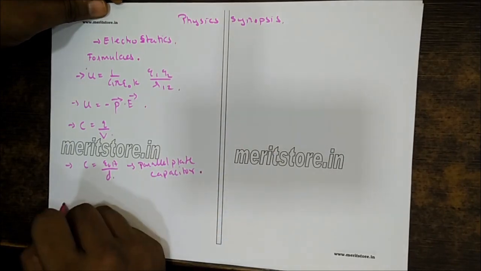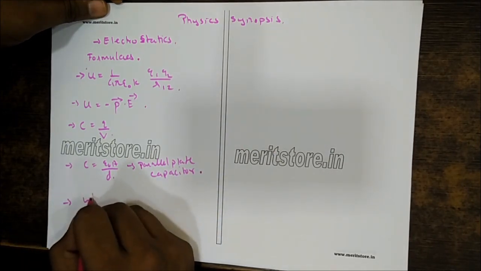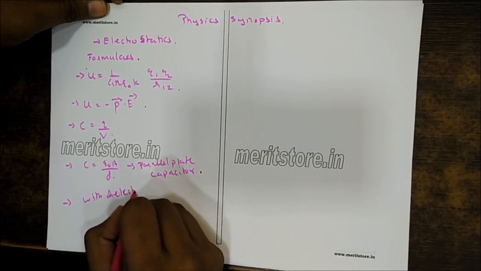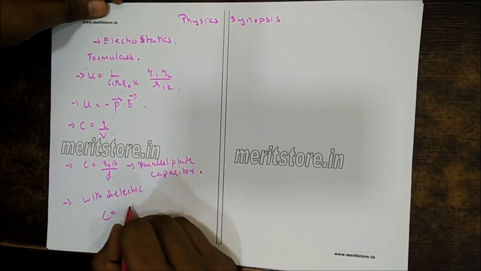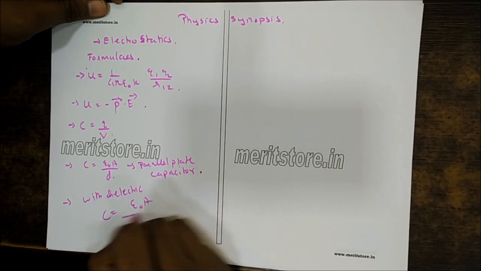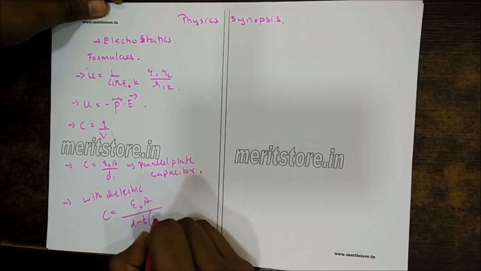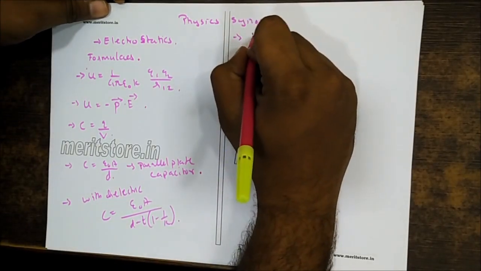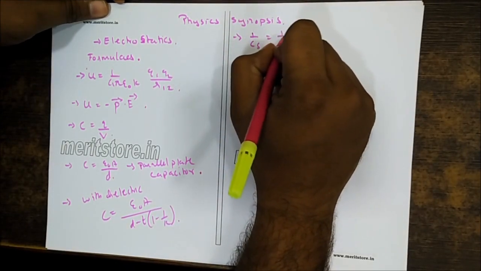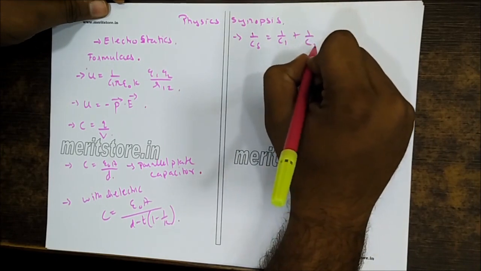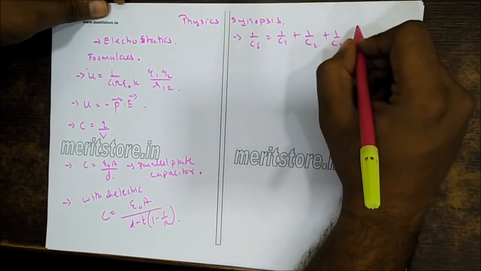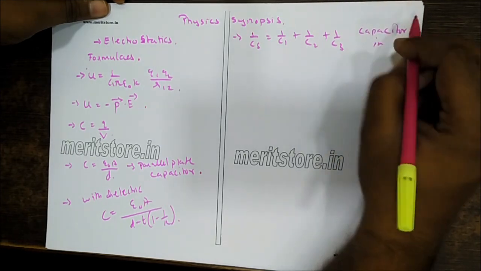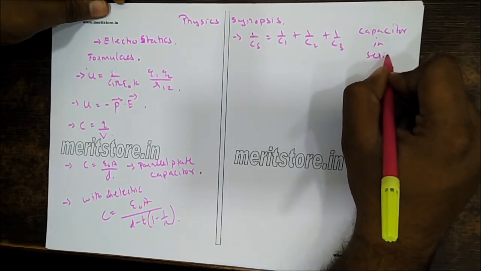where dielectric is absent. When dielectric is present, with dielectric, C is equals to epsilon naught A upon d minus t 1 minus 1 upon k. 1 upon Cs is equals to 1 upon C1 plus 1 upon C2 plus 1 upon C3. Capacitors in series.